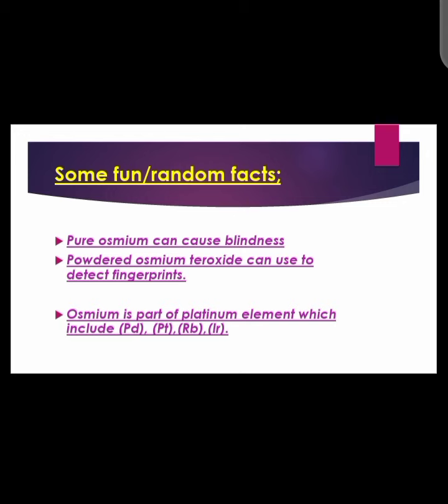Some fun and random facts: pure osmium can cause blindness. Powdered osmium can be used to detect fingerprints, so it can be used in forensic labs. Osmium is part of the platinum group elements, which include palladium, platinum, iridium, rhodium, etc.